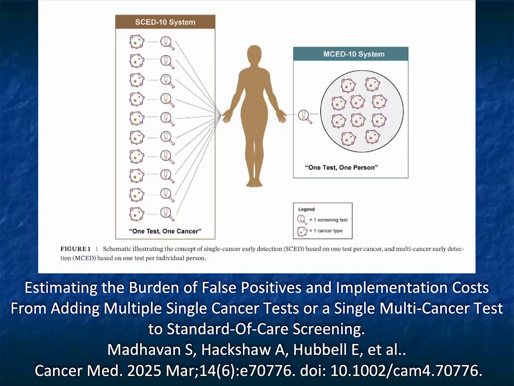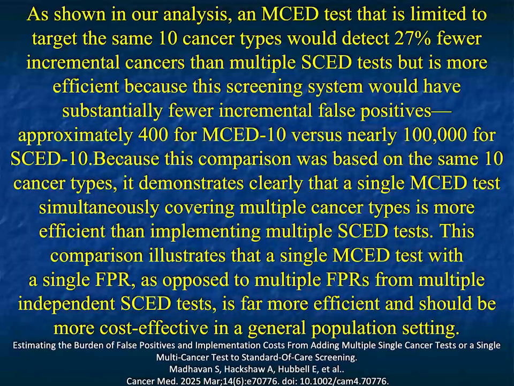And again, here's just some of the comments. One test, one person, where again, in this scheme, they showed that they were looking for 10 cancers. But as I mentioned now, the big MCEDs, the Galleri and the Exact Sciences, which is CancerSeek, is really talking about 50 to 70 cancers.